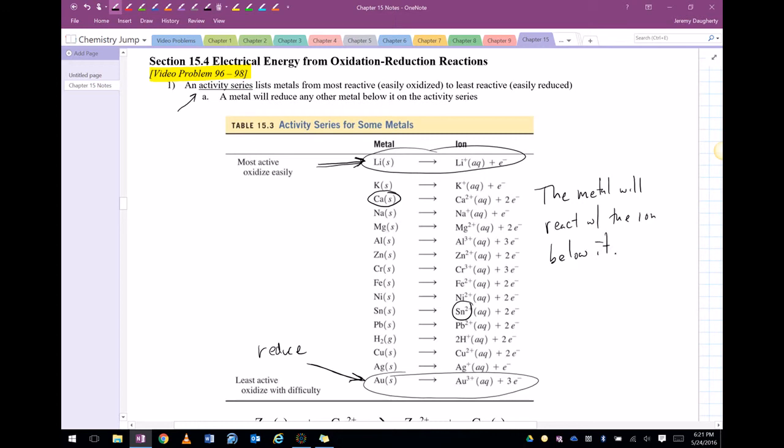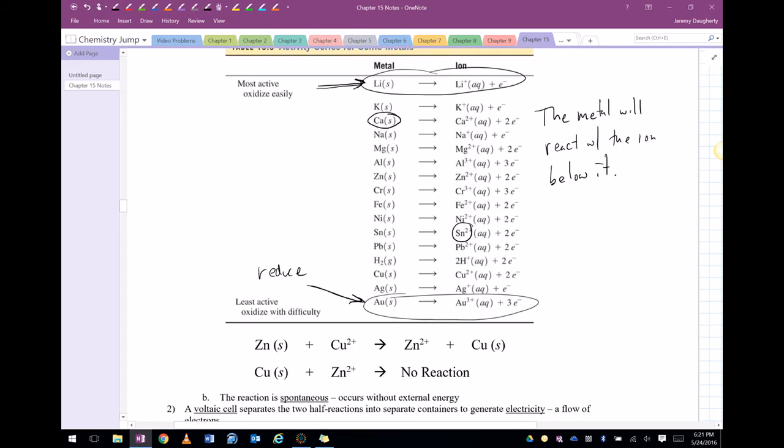Now, I don't particularly like activity tables because you need the activity table right there in order for you to do anything, as opposed to voltages or electromotive force, which is a little bit easier to deal with. But let me show you what we're talking about here. So here's zinc. When I put a chunk of zinc into a solution of copper 2+, let's identify these. Here's zinc. Here is copper 2+.